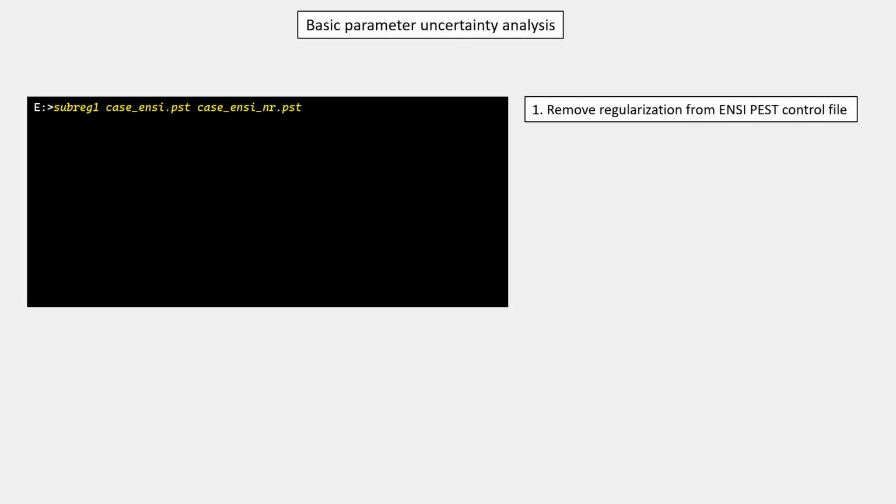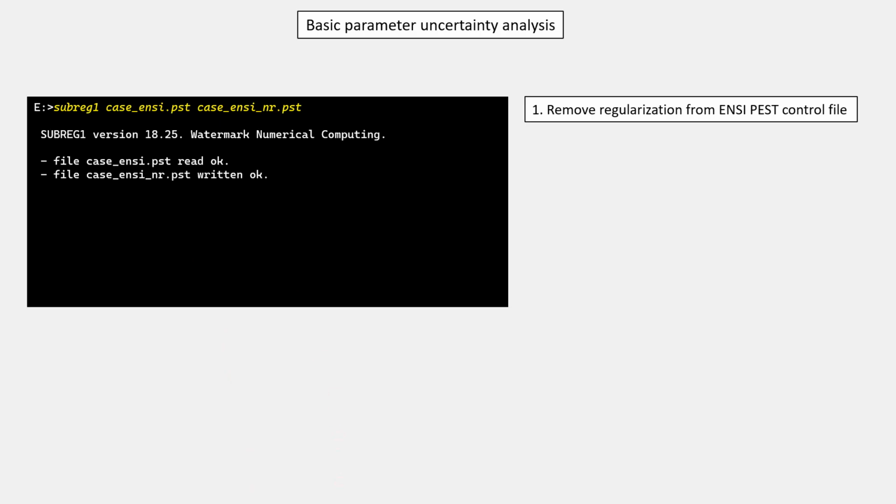To get rid of regularization from our ENSI PEST control file, we use the SUBREG1 utility supplied with PEST. So we say subreg1 case_ensi.pest, and we give the name of a new PEST control file. I'm using NR for non-regularization. So now we have a new PEST control file with regularization removed.